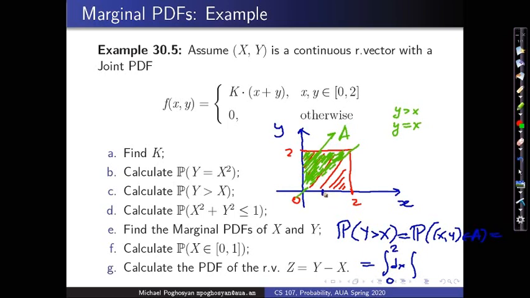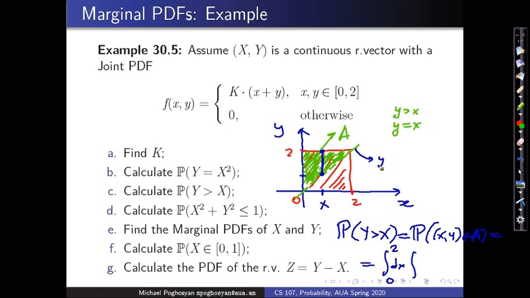Now for fixed x, I'm considering all points with first coordinate x. So I'm getting this line, and only this portion is inside that region A. I need to find this value of y, this value is 2, from this to that. How to find that?